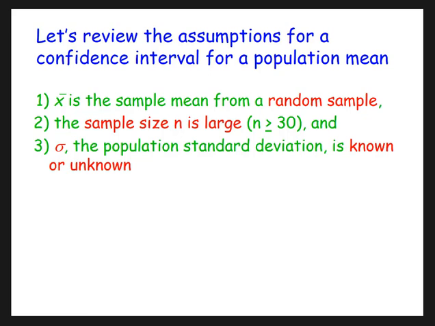Now, this is something some textbooks don't do anymore. Even if it's unknown, if the sample size is greater than 30, we can still use the same Z process. If it's less than 30 and we don't know the population standard deviation, we have to use a T distribution or a T test.